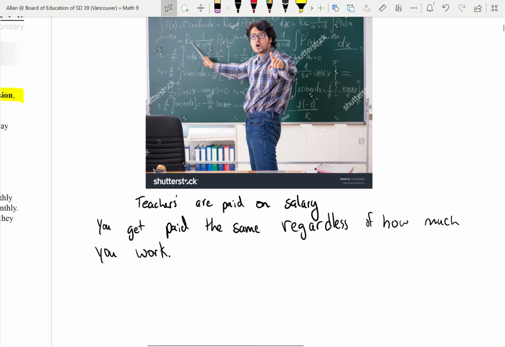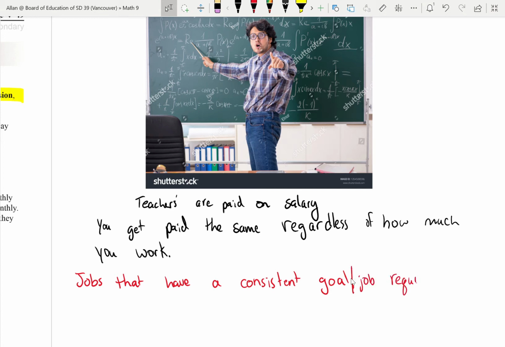The way you can think about this is jobs that have a consistent goal, or another way I'll put it is job requirement. What I mean by that is the job is always going to be there on some level.